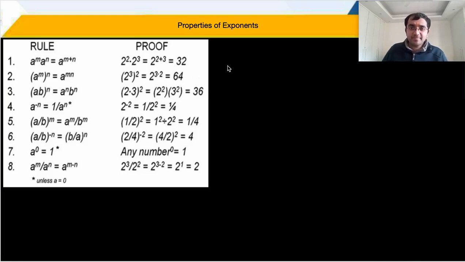Okay? Now the second point is extremely important because many students make a mistake here. So first let me define what is a power m to the power n. It is simply a to the power m being multiplied. M power n is what? m into m into m into m and so on, n times.